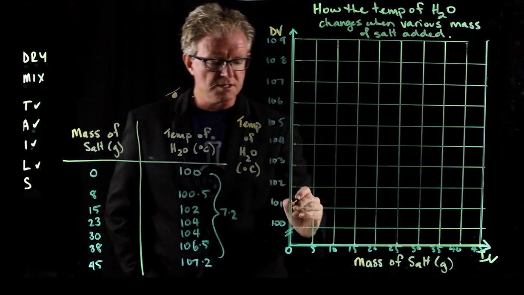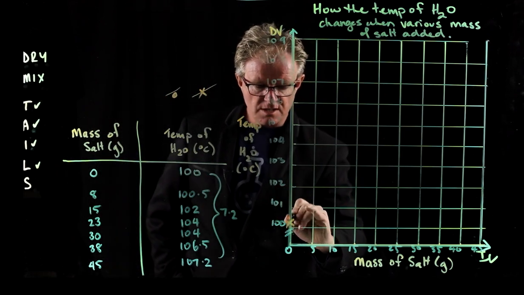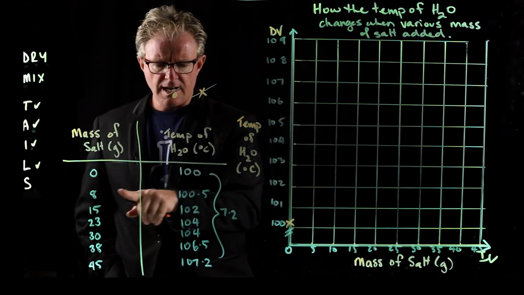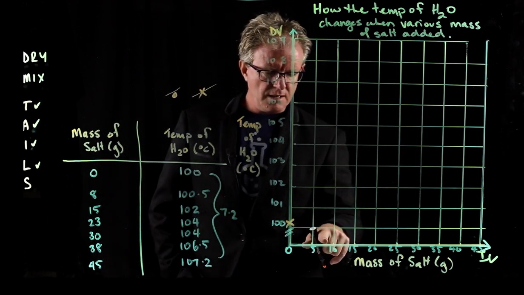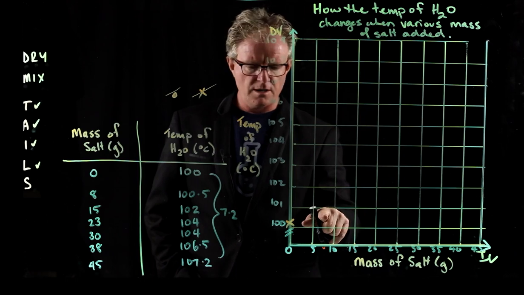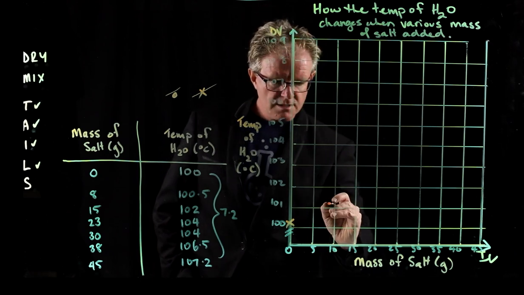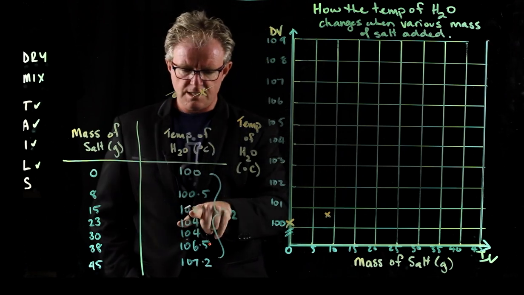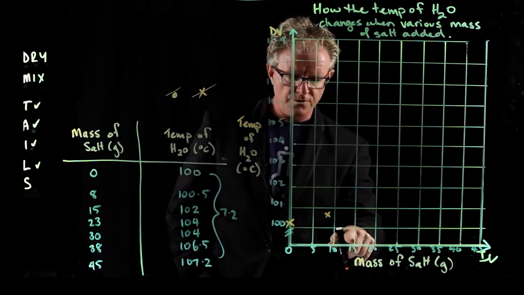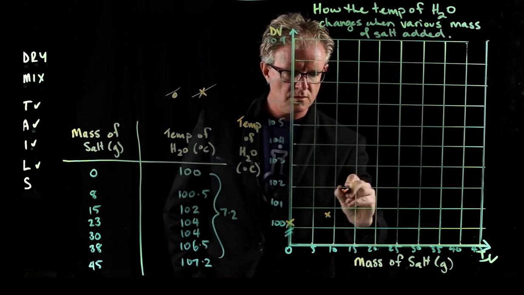So at 0 it's 100. At 8 it's 100.5, so 8's about there, 100.5, that's halfway. Then at 15 it's 102. So go across 15, go up to 102.